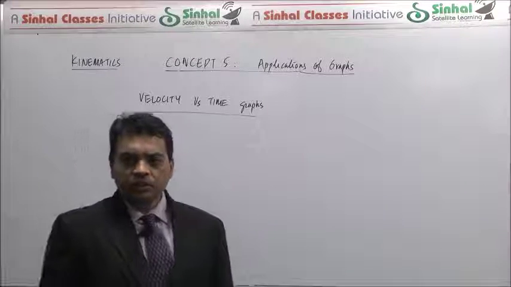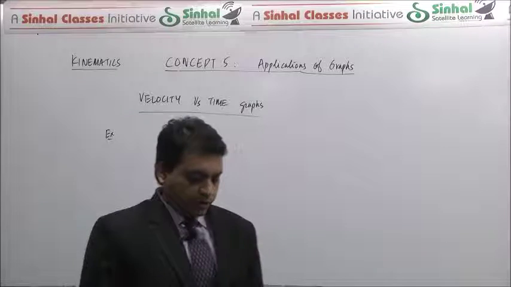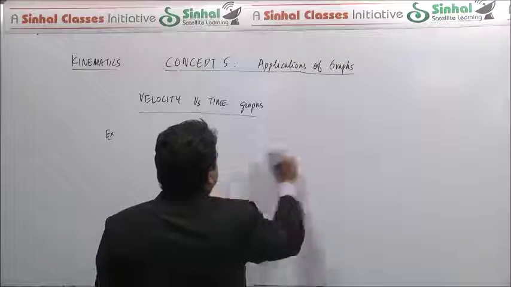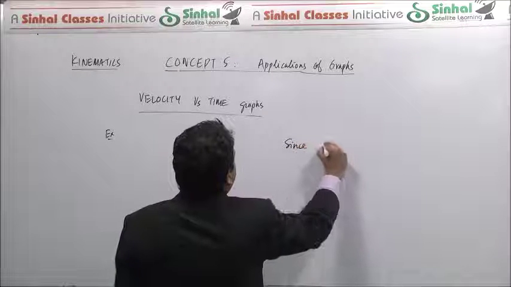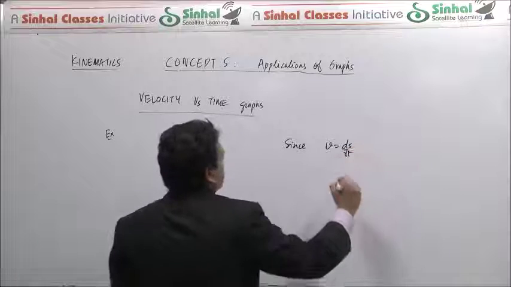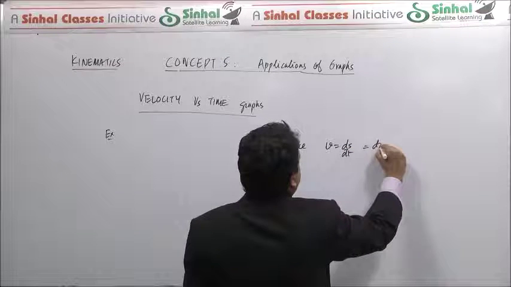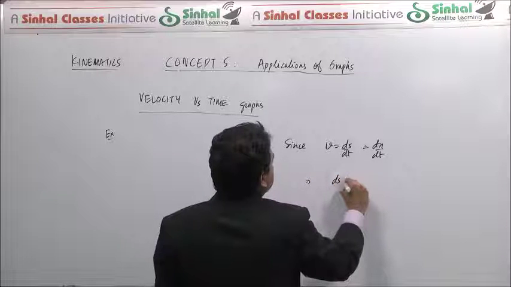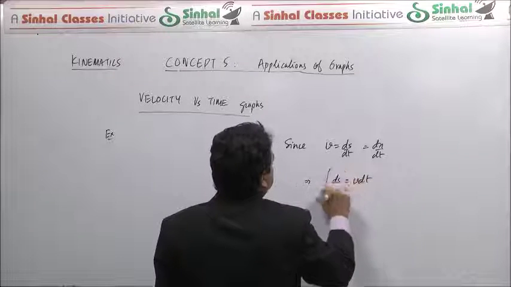Given the relation of velocity versus time, how would we find out the displacement? So since velocity is defined as ds by dt, or you can say rate of change of position, okay, so we can say that ds is v dt.